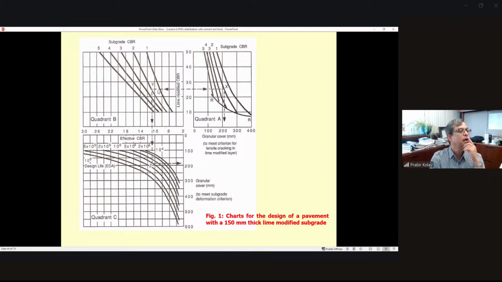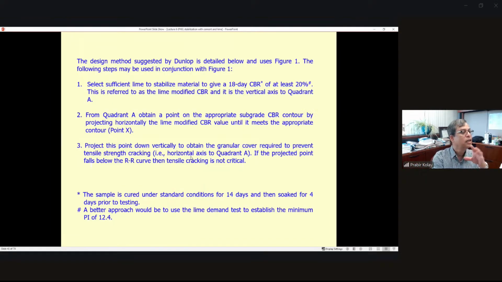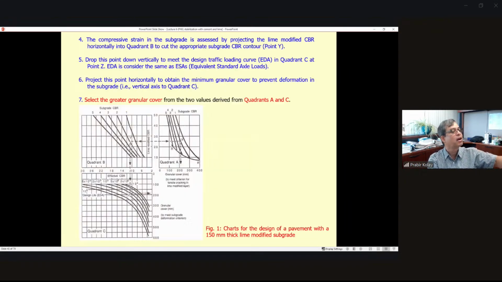Then from there, you find the modified CBR value you need, and then go down and, depending on the design load, calculate how much granular cover you need. The process is given over here, and from it you can easily calculate how much granular cover you need for this lime stabilized soil. Okay.